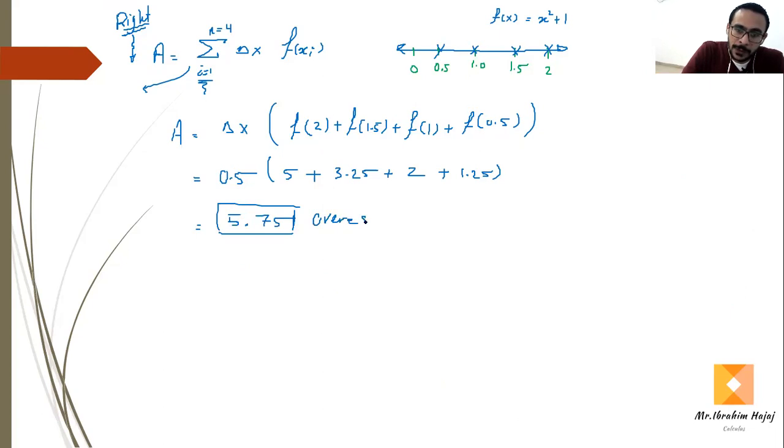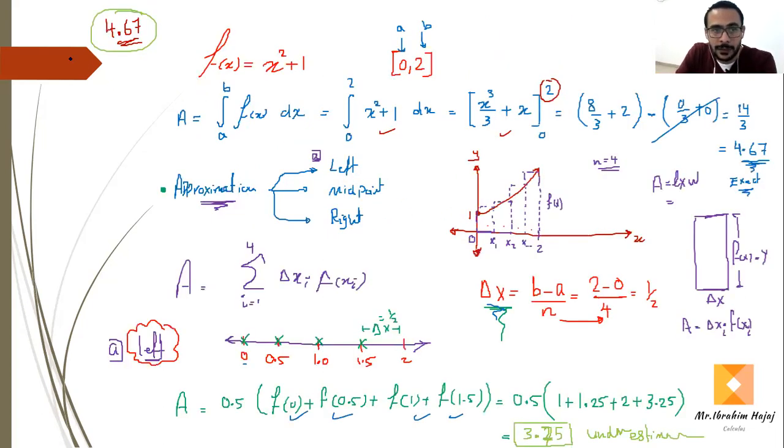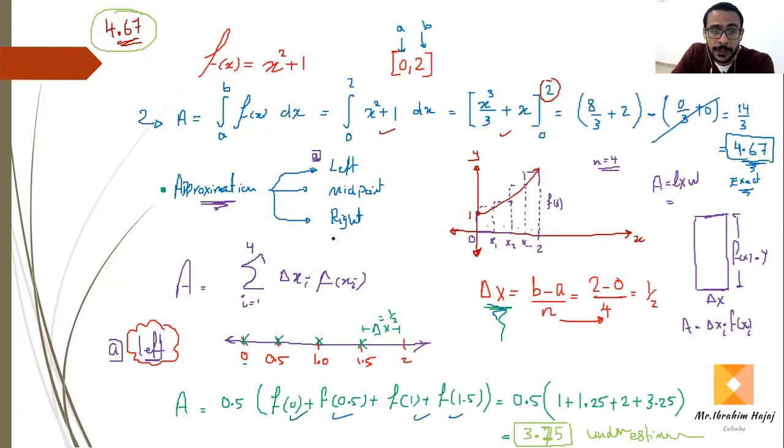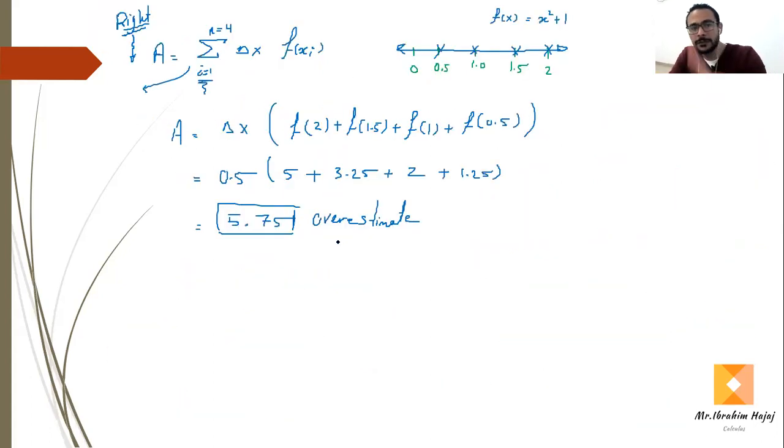Overestimate compared to the exact answer we found by using the definite integral, 14 over 3, 4.67. So it's an overestimate. So with an increasing function like x squared, the right endpoints rule will give you an overestimate.